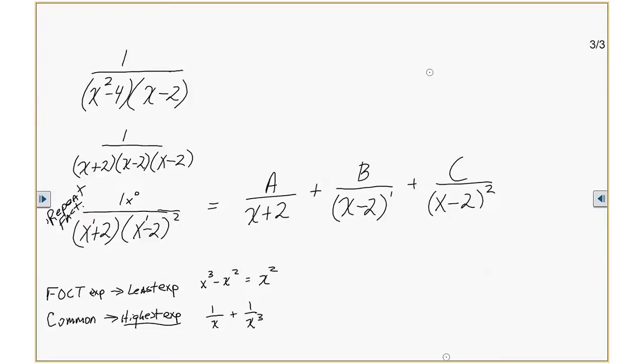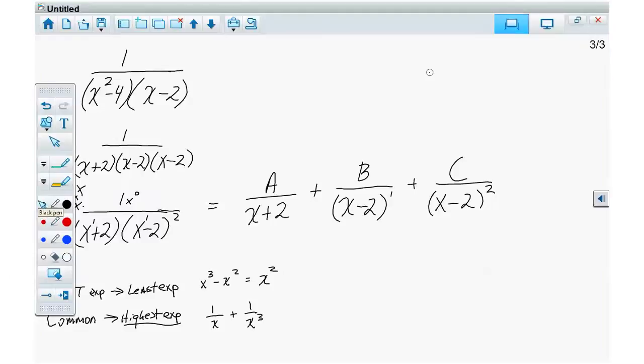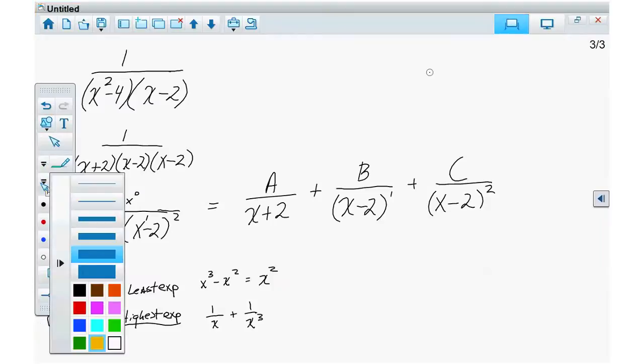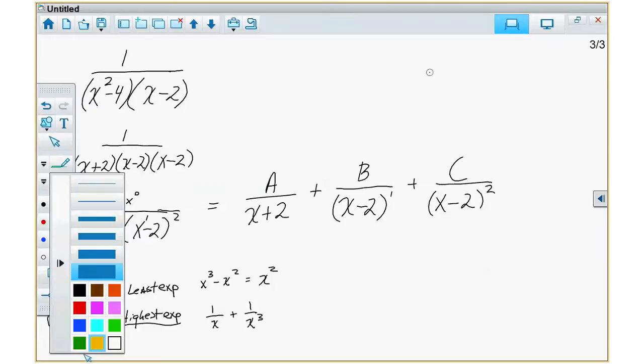I built up to the highest exponent. So you need to remember that. You need to take your highlighter and highlight this and then highlight this and make a note, build up.